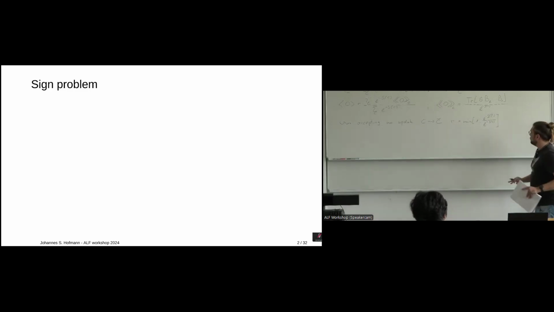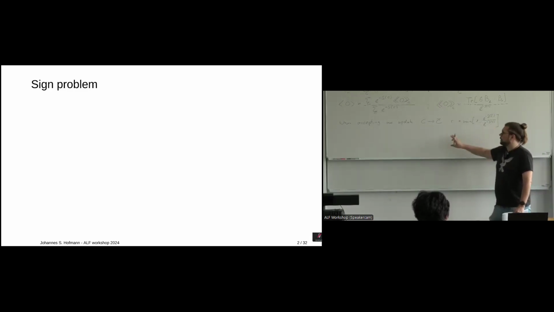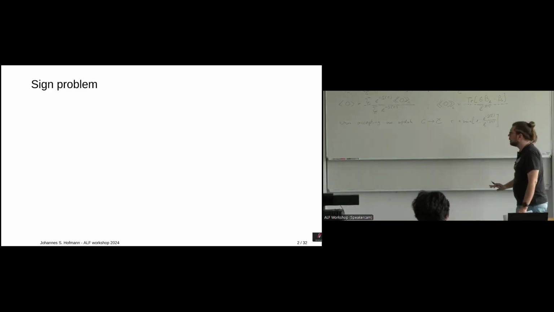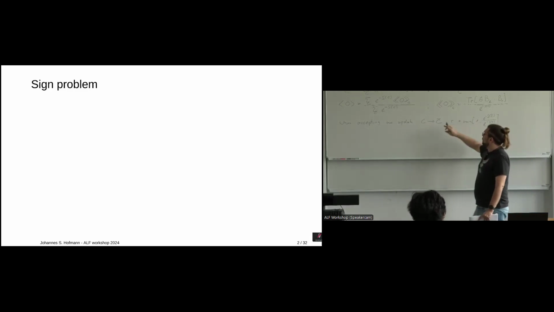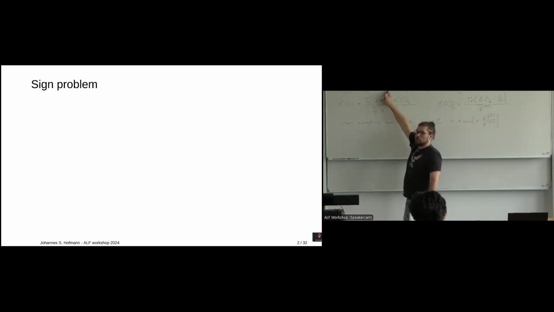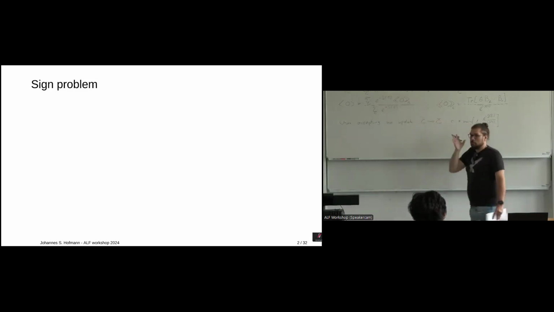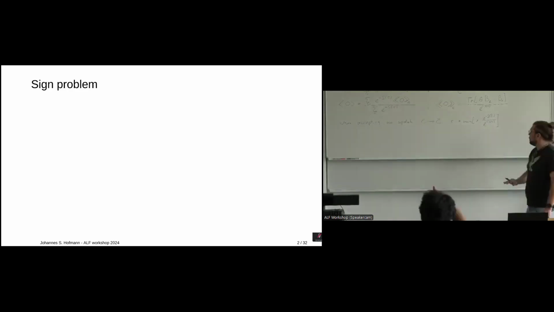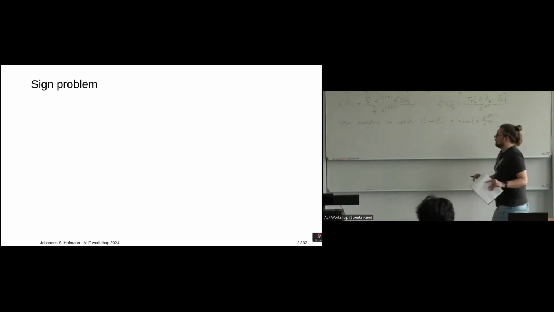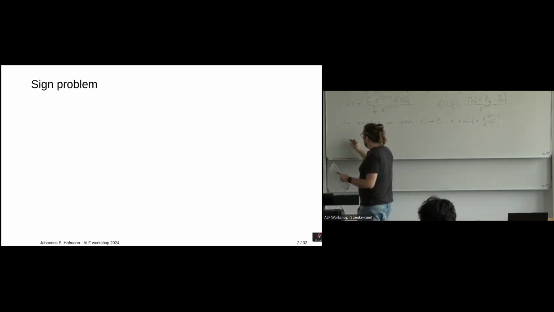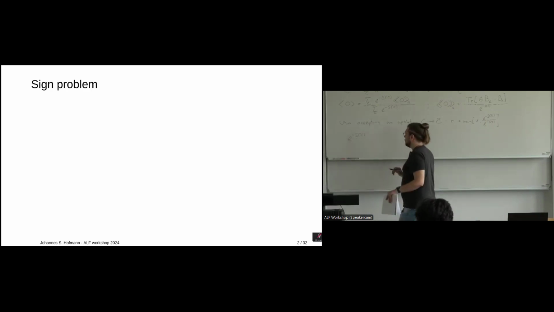And here we implicitly assume that this is a positive number so that we can treat this as a probability of accepting this move. But now you see that there is one part which is generically positive, but the determinant can be any sign. So we run into trouble when the configurations have weights where e to the minus S for an arbitrary configuration C is not positive.